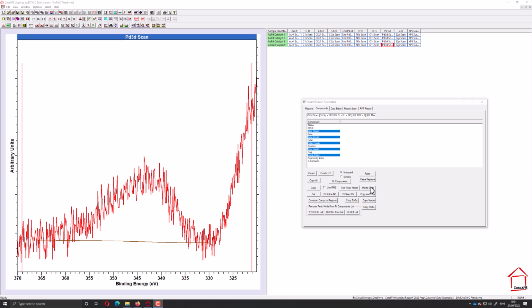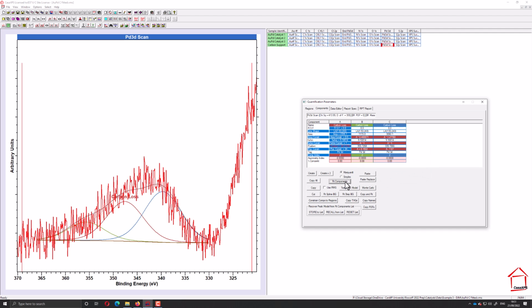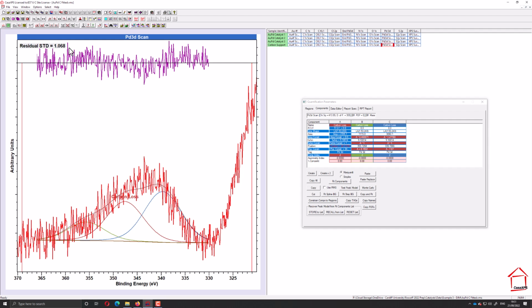So I've already created a peak model, which I'll just paste in and fit, and we can see this broadly fits the data. Excellent residual, maybe too good for this noisy data, but nevertheless what we may expect for pulse counted data, and we can just tweak the background and fit that.